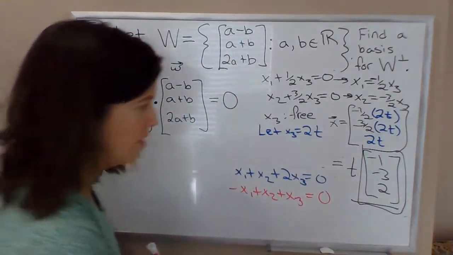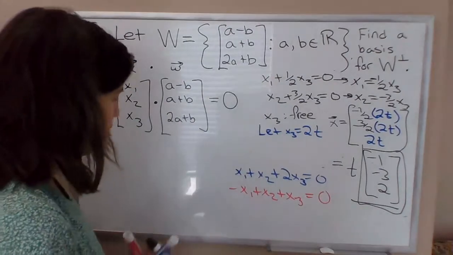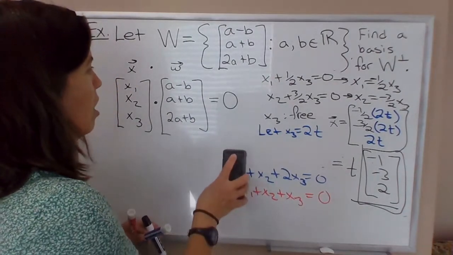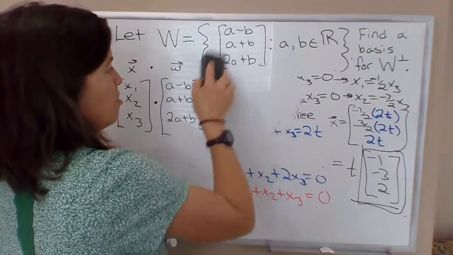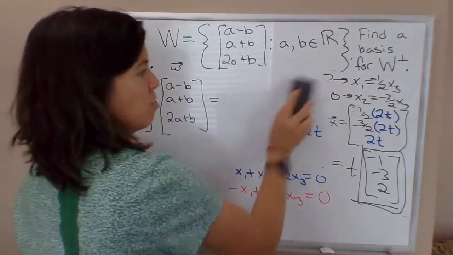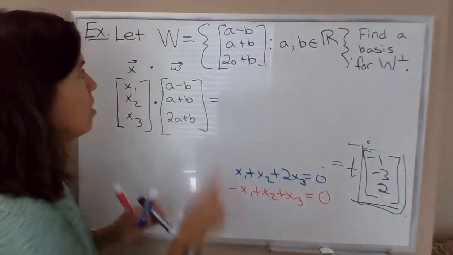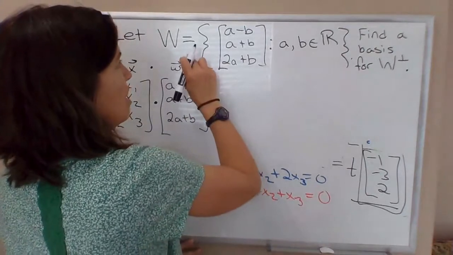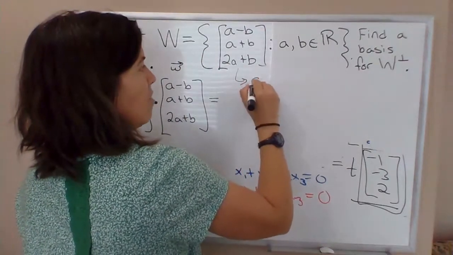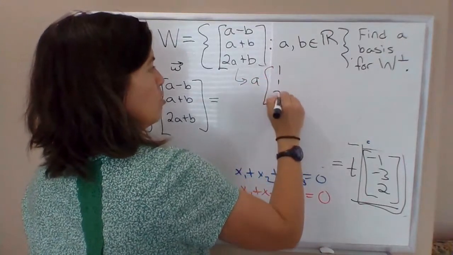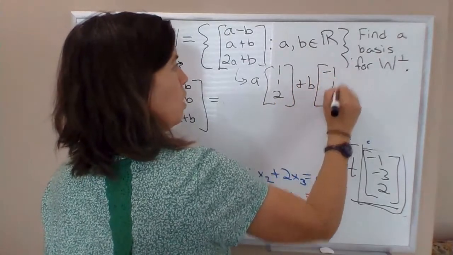Now, I was going to tie this back. There's a theorem that I mentioned previously in the notes that gives you a different way to look at this, where if we express W as the span of two vectors, this set W could be written, notice that we could break this up as A times the vector 1, 1, 2 plus B times the vector negative 1, 1, 1, right?